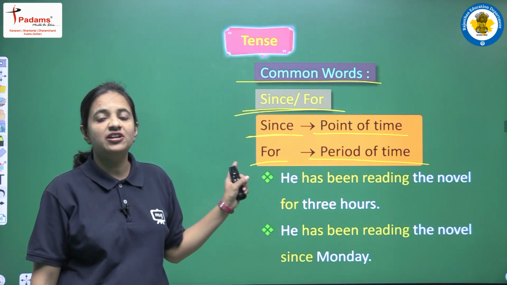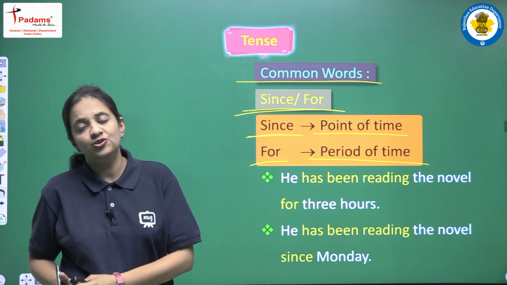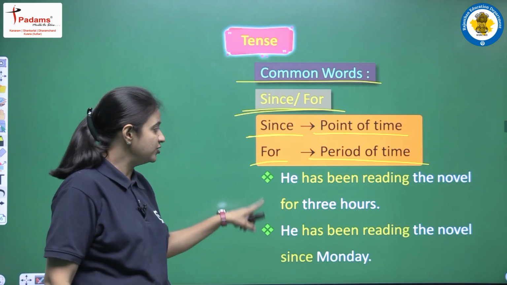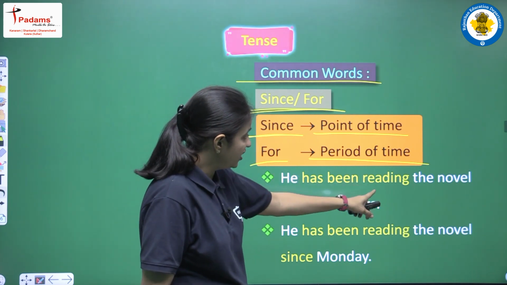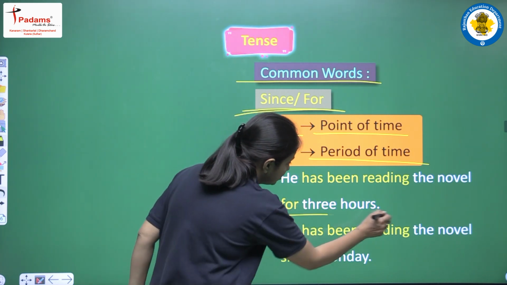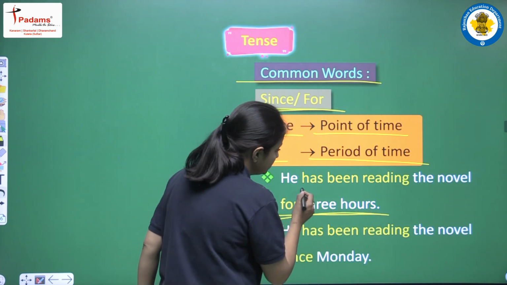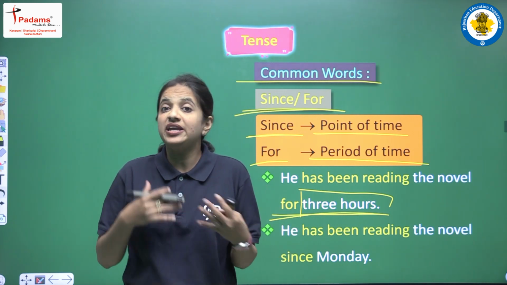So here we are having some of the sentences. Now we will read the sentences and try to understand this more carefully, what is the difference between since and for. So the first sentence that we are having here is he has been reading the novel for 3 hours. So here we are having for plus time, and what is the time? We are having 3 hours. So 3 hours, we can say, is a period of time, right?